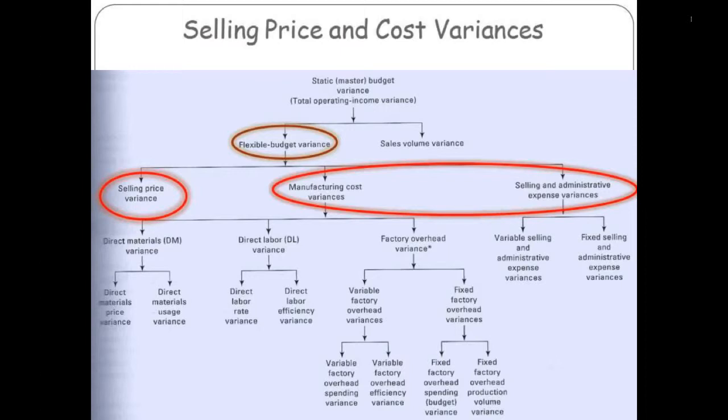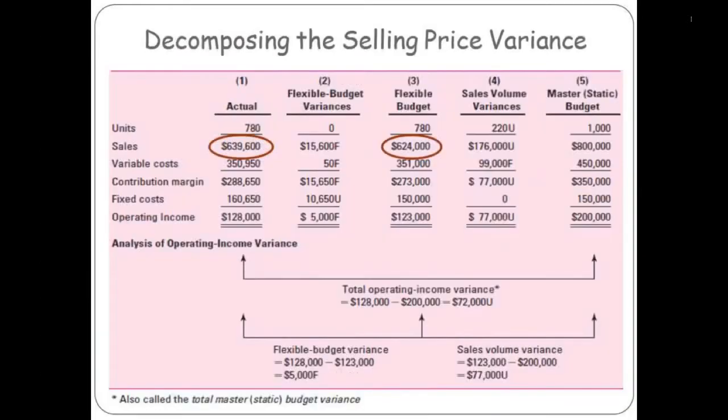We see that we would have expected to sell $624,000 worth of goods. However, we sold $639,600 worth of goods, giving us a $15,600 favorable variance here.